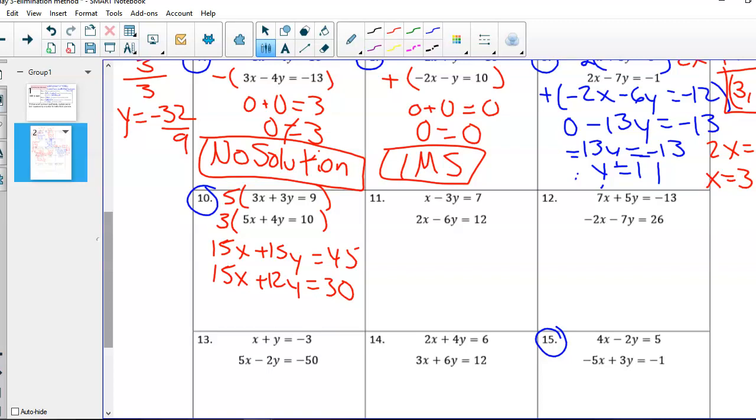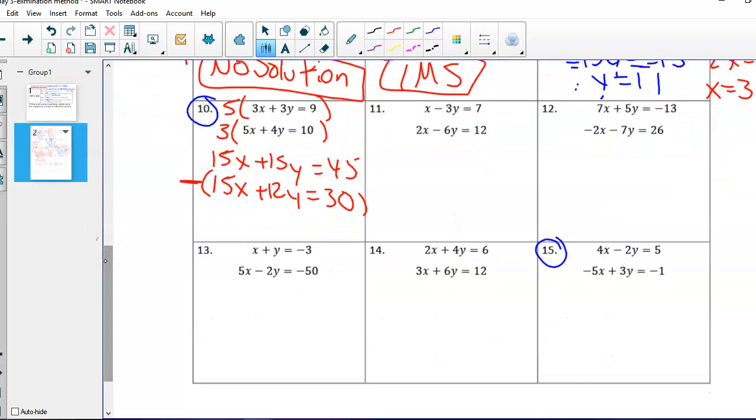Okay. Now do we have a variable with the same coefficient? Yes. We didn't multiply by a negative, that means we're going to have to subtract. Again, you could subtract the first one from the bottom. I'm just not doing it that way. Our x's are going to be eliminated.